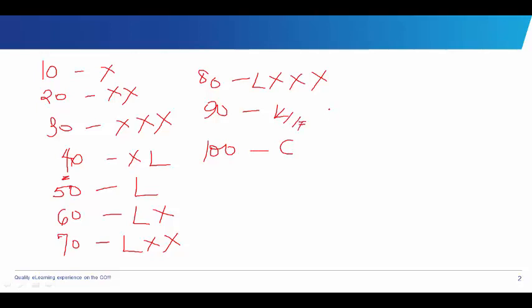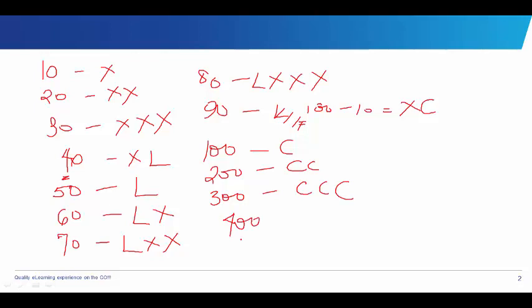So we'll take from our previous principle, since 100 is C, that means 90 now becomes 100 minus 10, which is X for 10 and C for 100. So 90 is XC. Then 200 CC, 300 CCC, 400 we've got into another 4.